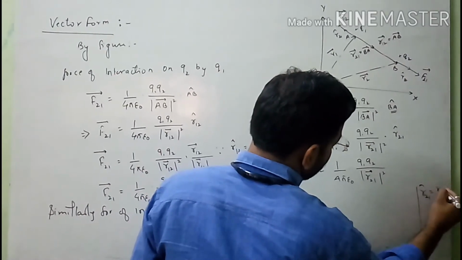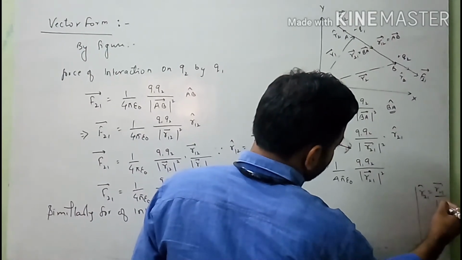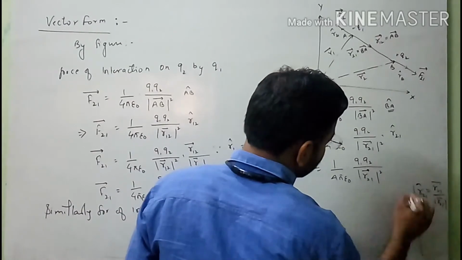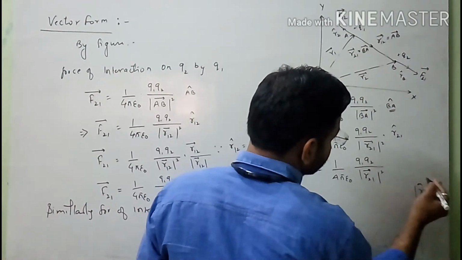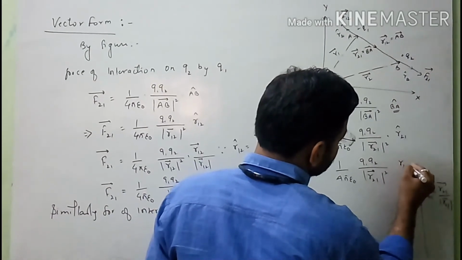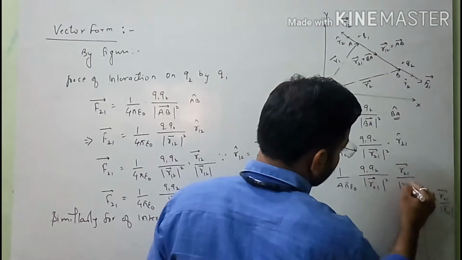R21 cap means R21 vector over magnitude of R21. You know this property. So here I will use R21 vector over R21.